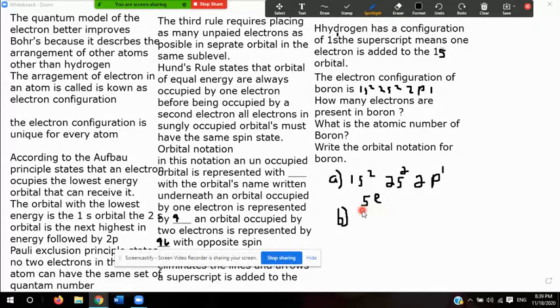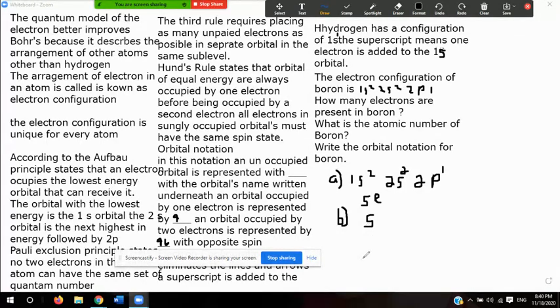So if the number of electrons that I have for boron is 5, that means the protons I have is also 5, which means that the atomic number is 5. So remember that the number of electrons is equal to the number of protons, and the number of protons is equal to the atomic number. So we have, in this case, 5 protons.